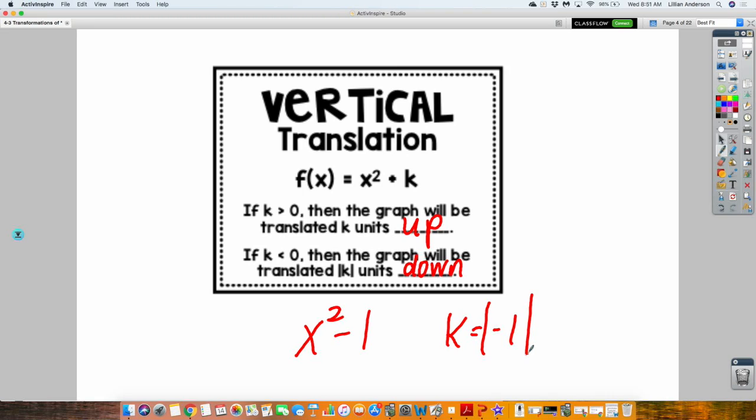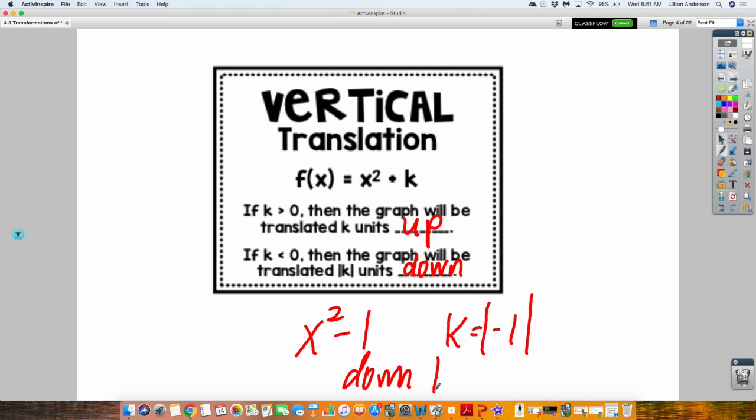Does everybody understand that? So in this example, you would say move down 1, not down negative 1. You're just moving down 1, okay? And then, of course, if k is positive, that means it's just moving up, all right?